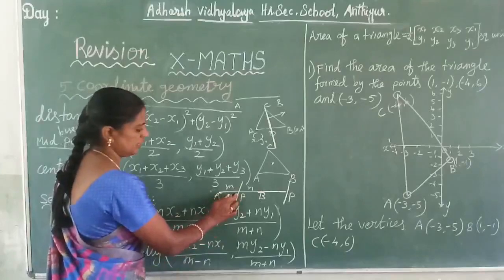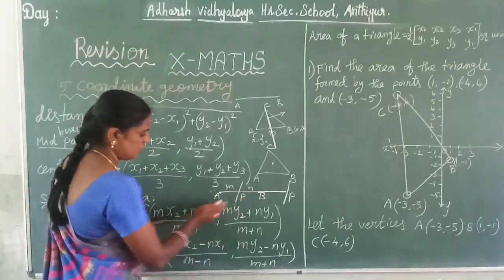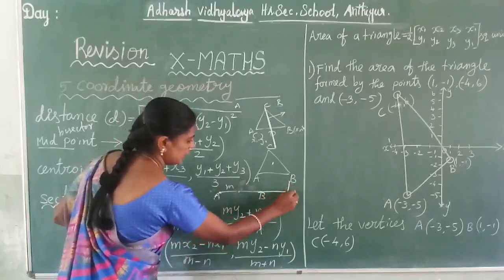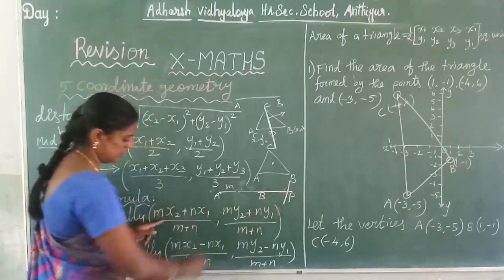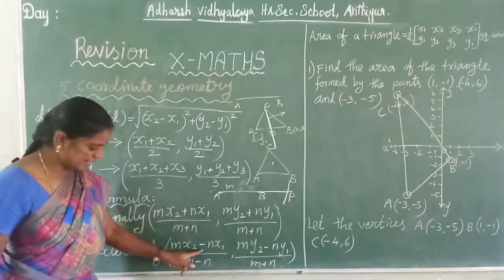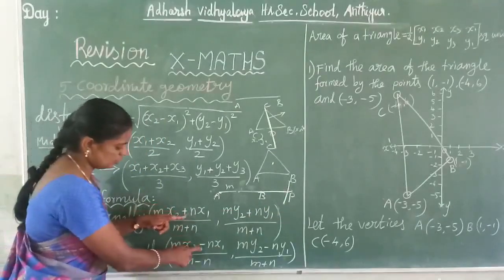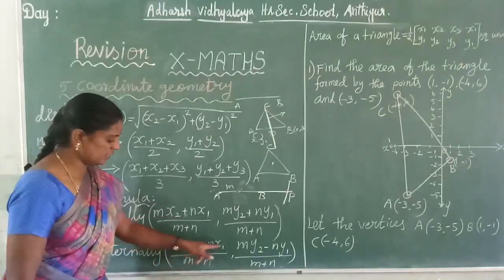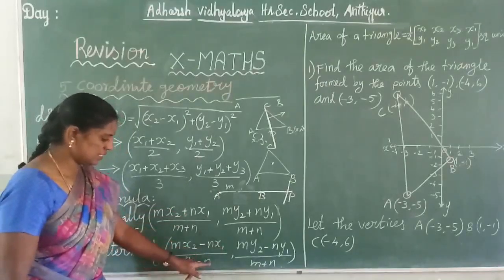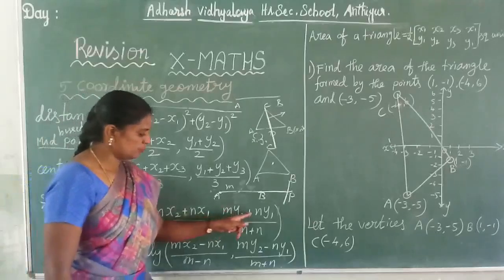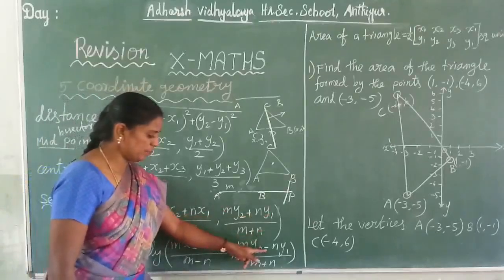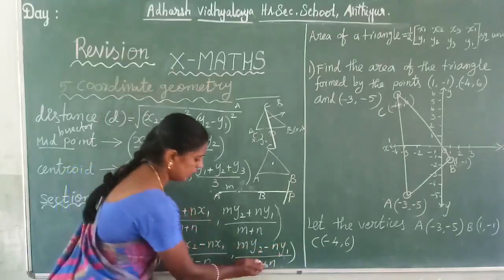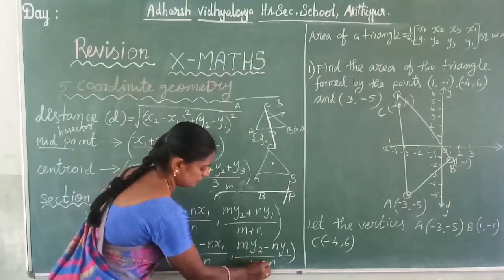So this formula is for internally, not for externally. Suppose it divides externally, then we consider minus. Where there is plus, you apply minus: (m x2 minus n x1) by (m minus n), and where m y2 plus n y1 is, you apply minus: (m y2 minus n y1) by (m minus n).